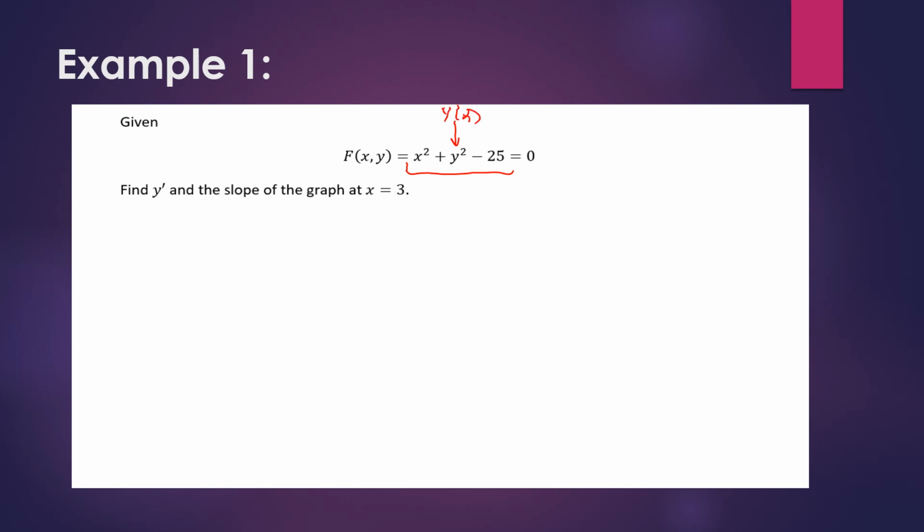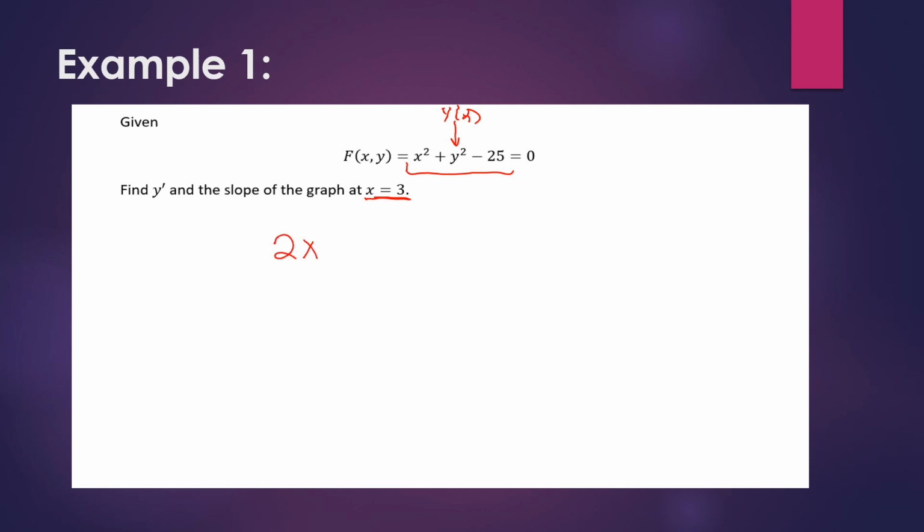But it's also going to have a numerical value because I know that if x equals 3, then y will have some fixed value. So what I'm going to do here is I'm going to take the derivative of this function, and it's going to be with respect to x. So if I take the derivative of x squared, I'm going to get 2x.